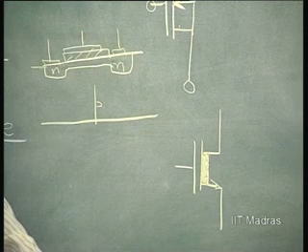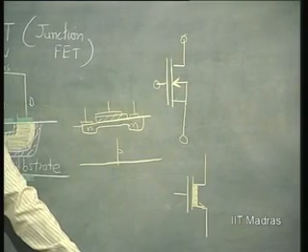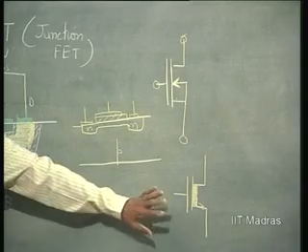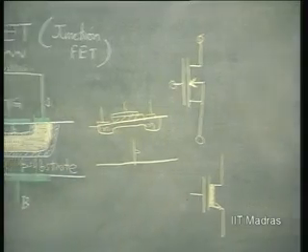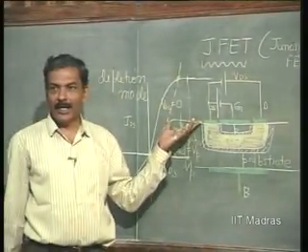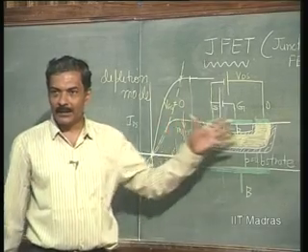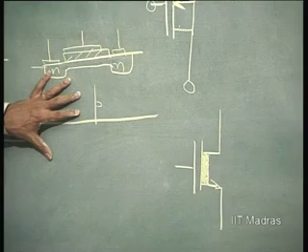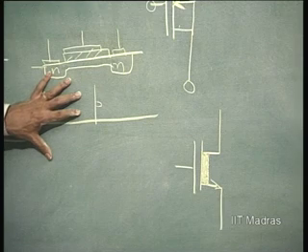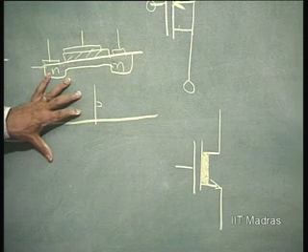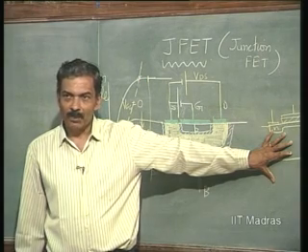This is called a depletion type of MOSFET. So, depletion type of MOSFET and JFET have similar characteristic. But depletion type of MOSFET can also be worked in the enhancement mode of operation.